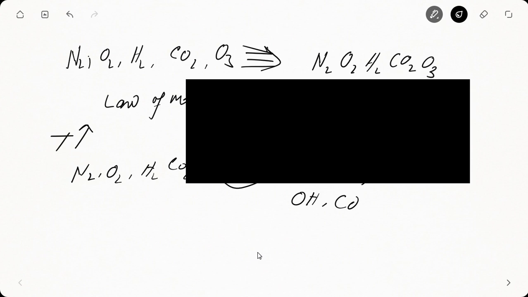we start looking into the atoms of all these things, because we know that these changes are chemical changes. High temperature is good enough to bring about chemical changes, but not good enough to bring about nuclear changes.